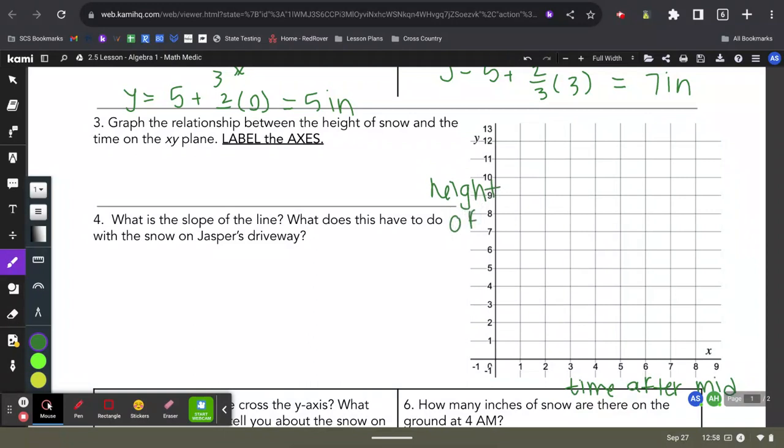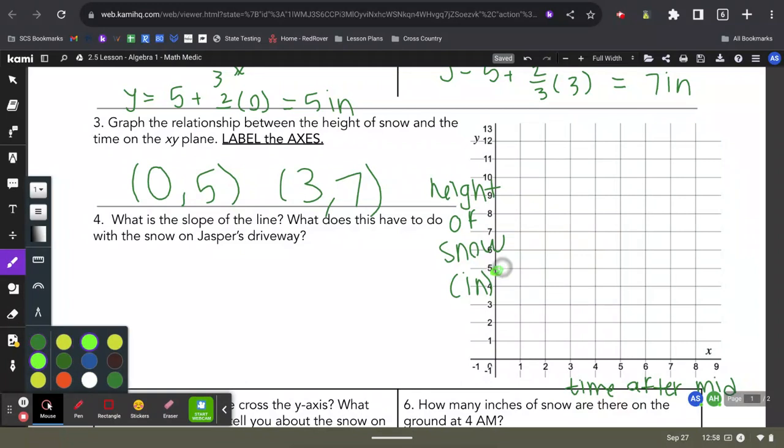And our 2 points that we are going to plot are 0, 5, and 3, 7. I got that from the previous question. So 0, 5 is here. 3, 7 is here. We have to connect this to have a graph.